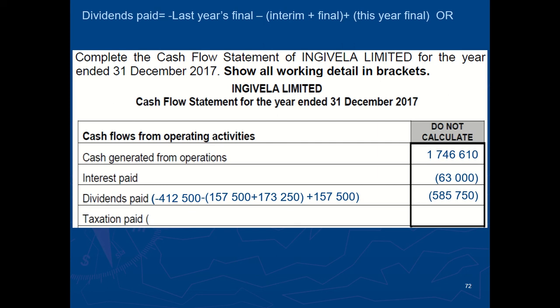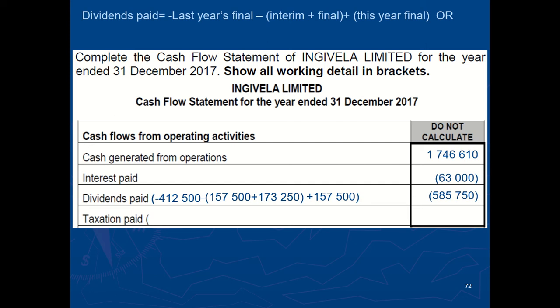Dividends on ordinary shares is under theory that we did earlier on when we started with this online thing. Well, 2 weeks after we started, I think, where I was asking you guys questions on WhatsApp. Dividends on ordinary shares is simply this year's interim dividends plus this year's final.